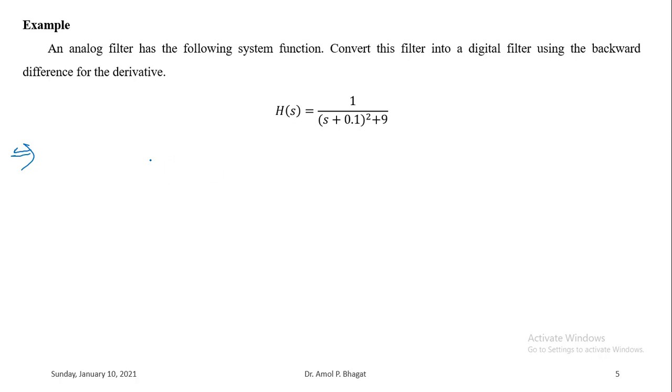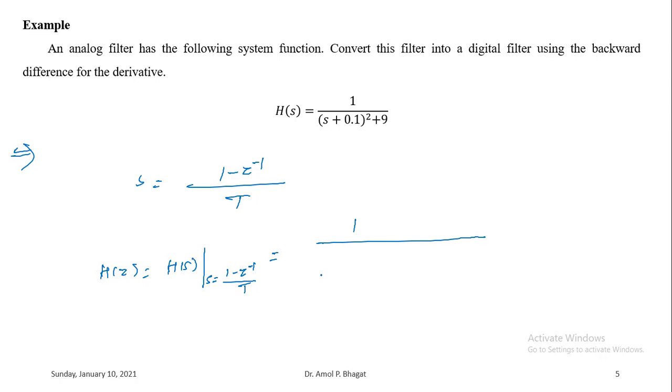Given system function for the analog filter is this one. You will be using s = (1 - z^-1) / T as a mapping function. For obtaining H(z), you will be solving H(s) for s = (1 - z^-1) / T. So if I'm substituting this value in this equation, I will have ((1 - z^-1) / T + 0.1)^2 + 9.